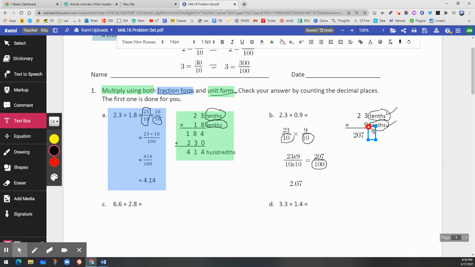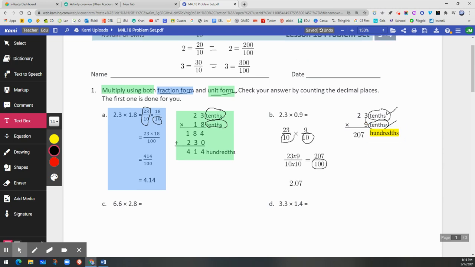And that's going to be hundredths. So now 23 tenths times 9 tenths equals 207 hundredths, okay? And remember why? Because we multiplied those two numbers. The tenths and the tenths, that's 10 times 10 equals 100. All right, so that will be the answer.